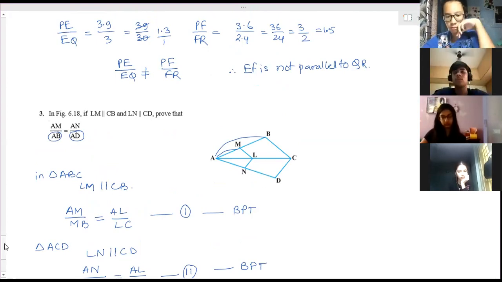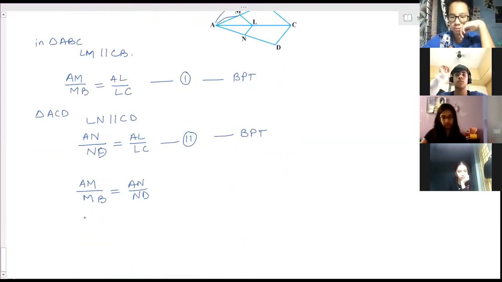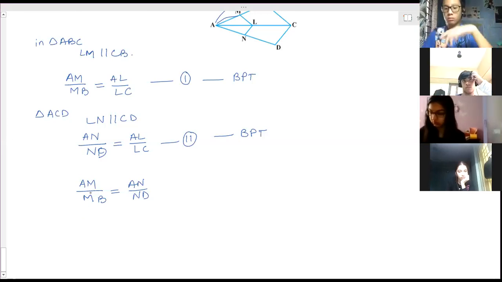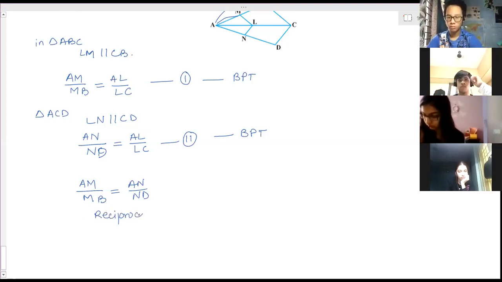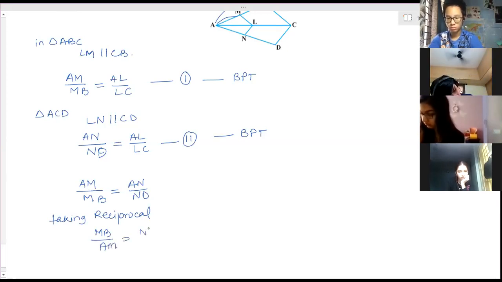So we have to use the adding 1 property. For that, we require AM, so to keep AM we have to take the reciprocal. Taking reciprocal, MB by AM is equal to ND by AN.